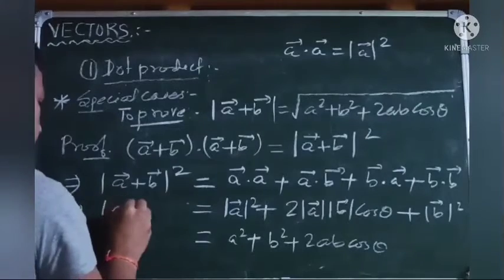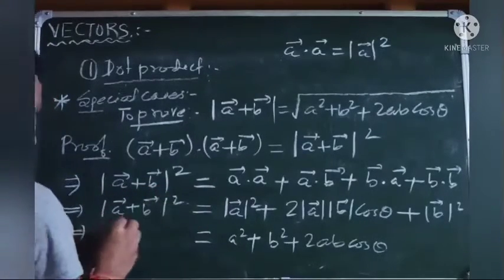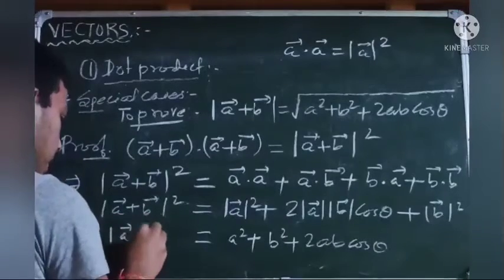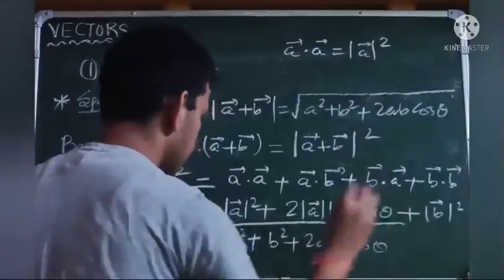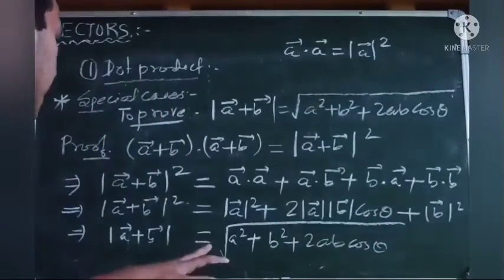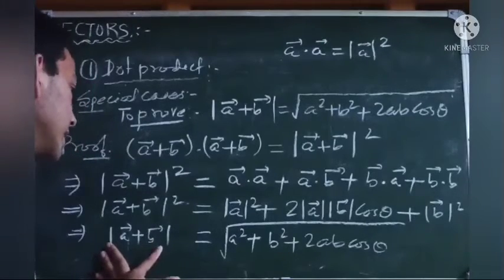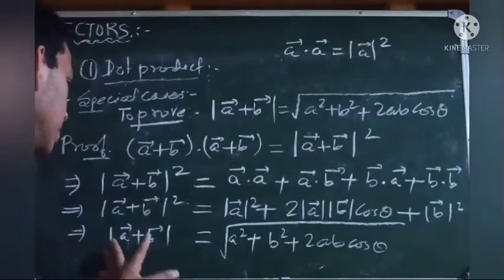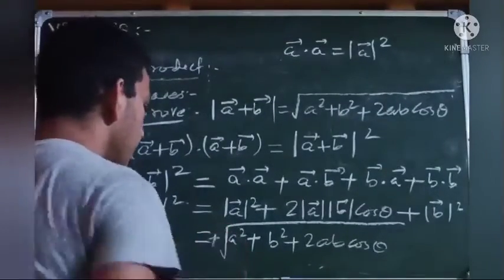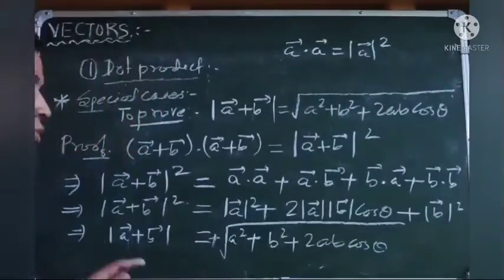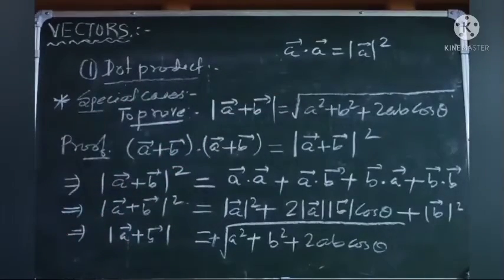Now this is mod a plus b whole square. Here we should write plus minus sign, but as we know that this is the magnitude of a vector quantity, it can never be negative. That is why it is always going to be plus sign. So we have proved this formula once again using this concept.